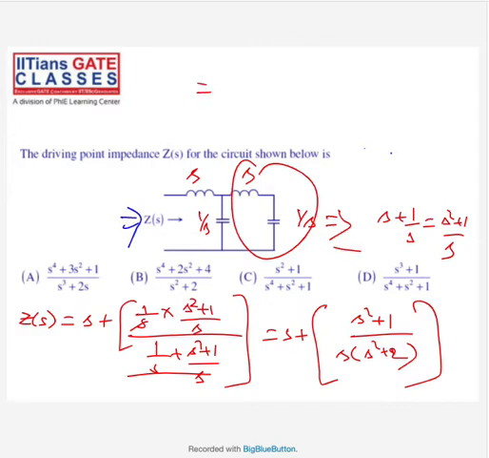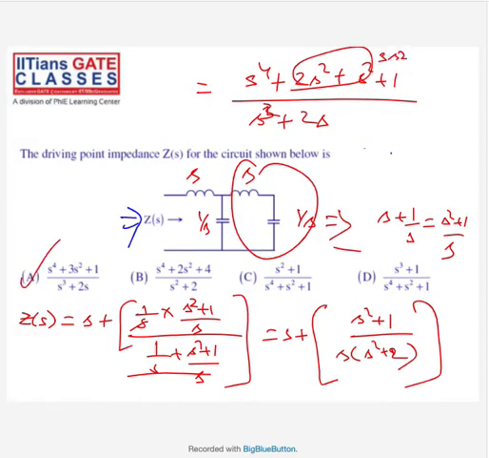S cube plus 2S into S cube plus S is S power 4 plus 2S square plus S square plus 1. So this will become 3S square plus 1, option A. So what is the order of the circuit? It's a fourth order circuit, right? So this is a 1 mark question. This is how you have to do it.